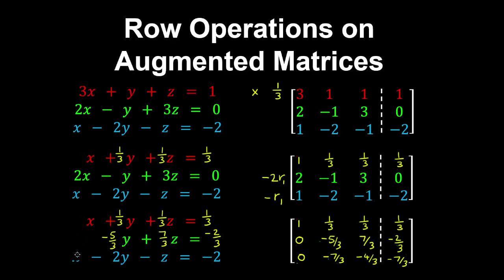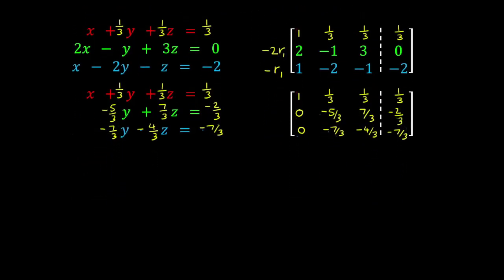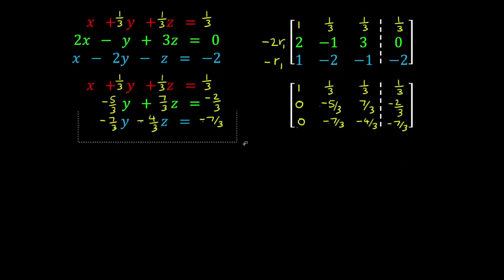So again we eliminated x and replaced the coefficients of y and z. And on the right hand side we have minus 7/3. So you can see that we're simplifying our system each time. And now let's copy this down.